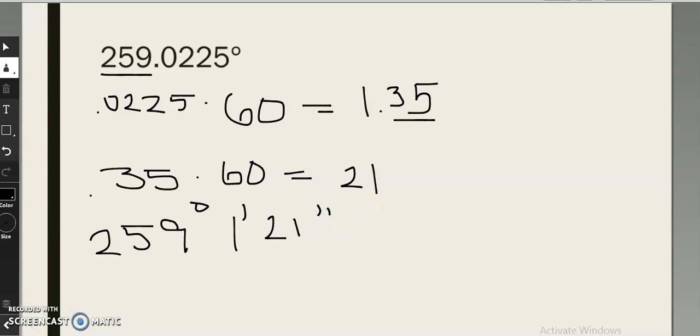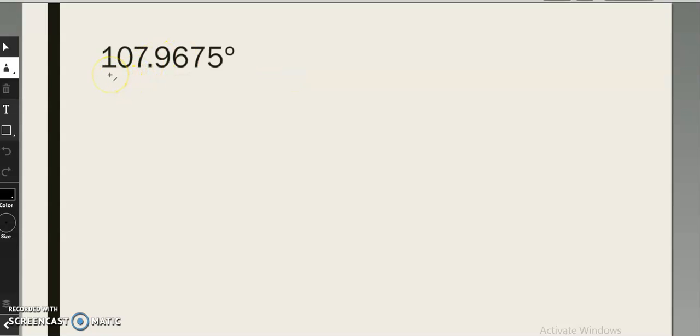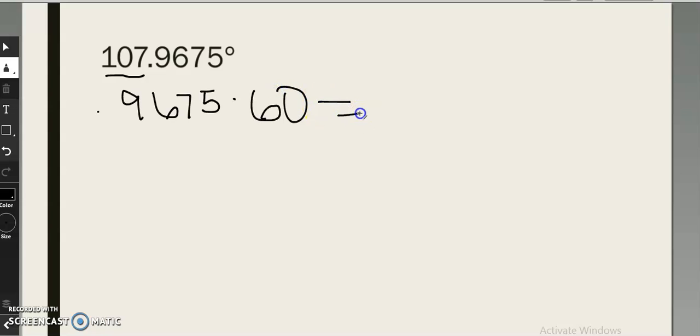Let's try one more. All right, we have 107.9675 degrees. So again, we know that we have 107 full degrees. I can leave that. I'm going to take the 0.9675 and multiply by 60 to find out my minutes. And I get 58.05. So I have 58 full minutes.